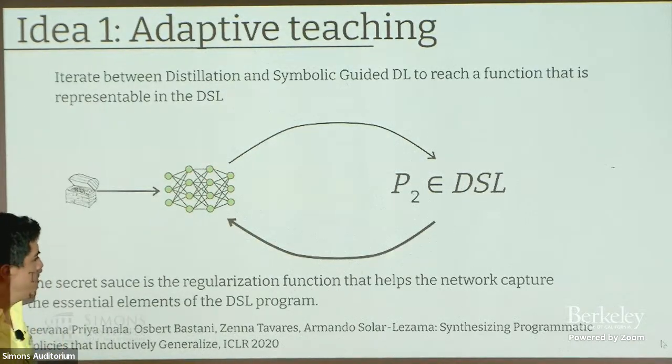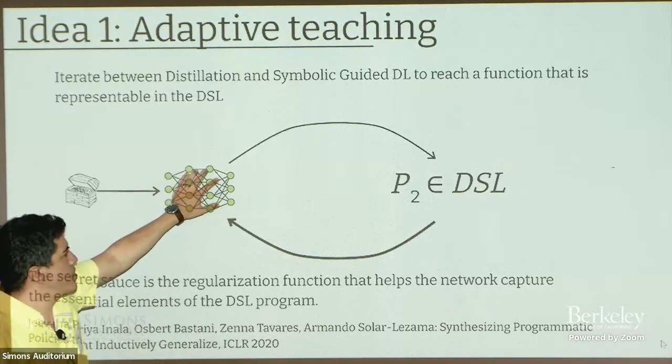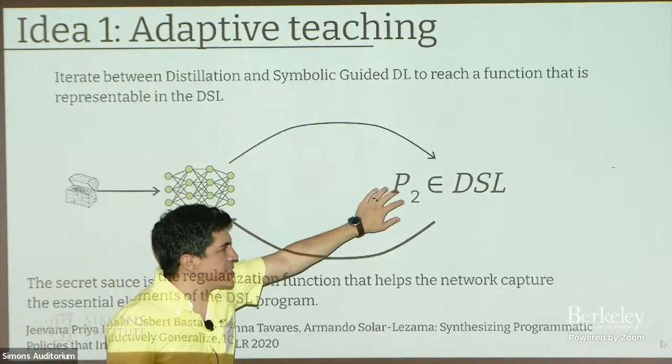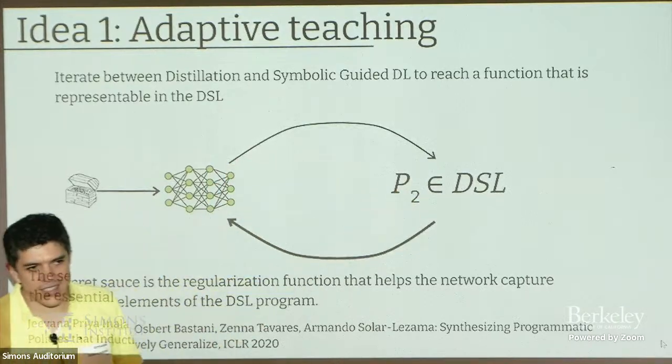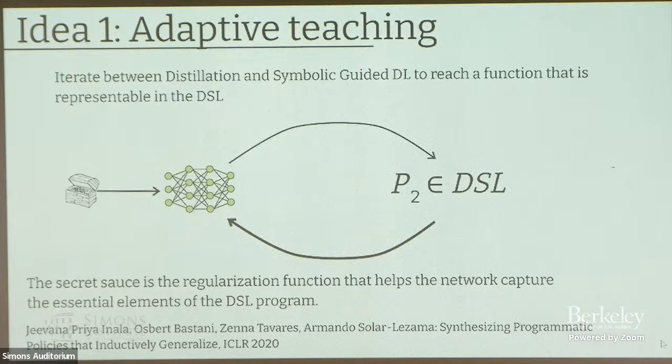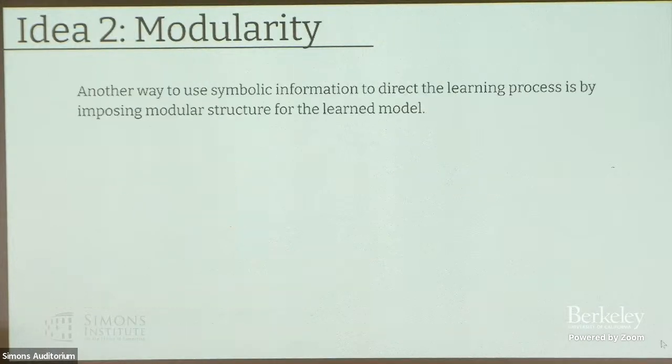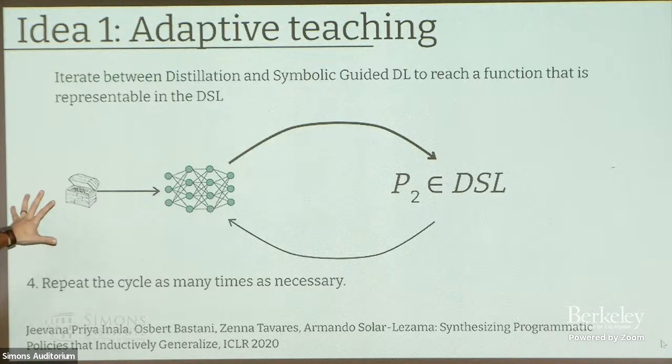And so that eventually you get to a neural network that behaves in a way that can be captured by the DSL, right? And so now this is kind of a very abstract idea, right?